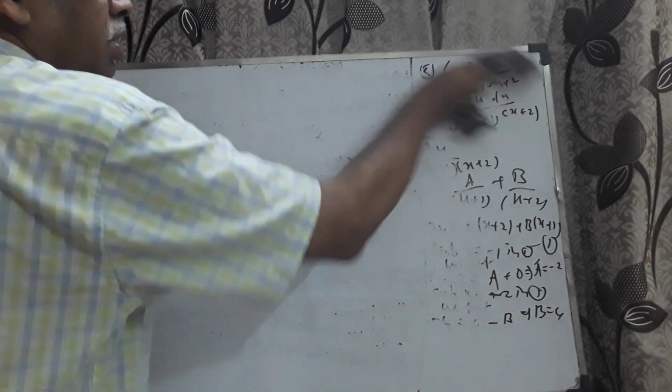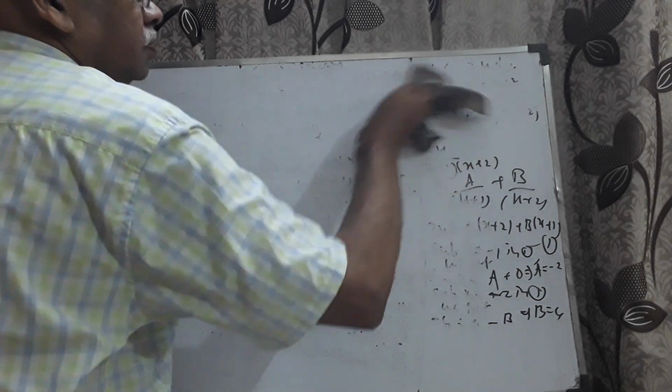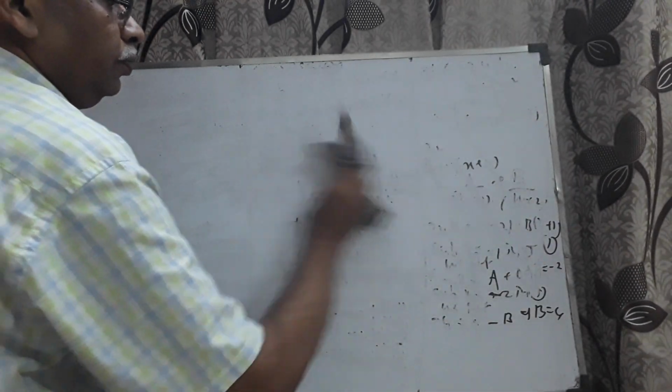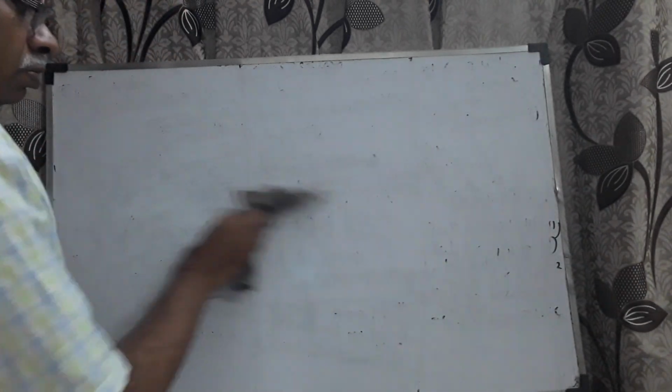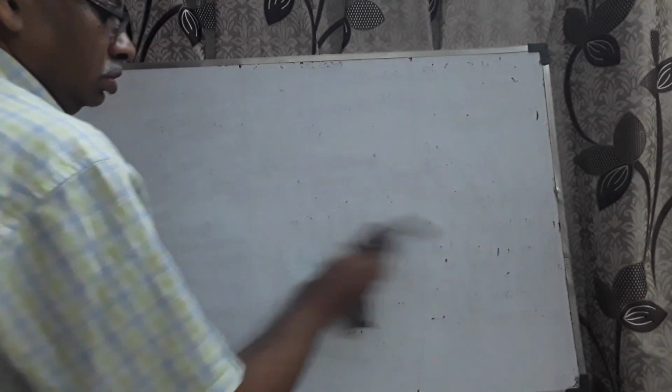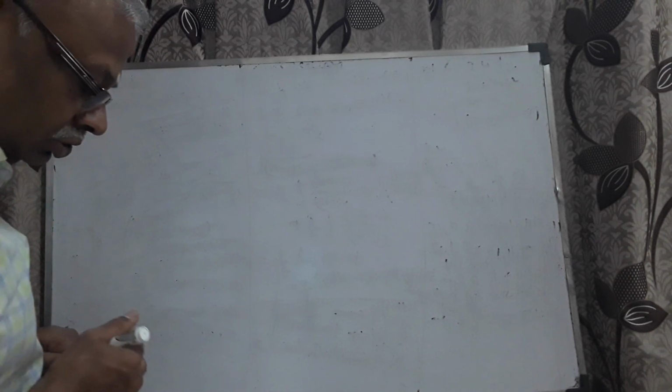It is not at all difficult to follow. The previous problem can also be done without using partial fractions, by adding 3 and subtracting 3. That is also correct. You can try if you want.